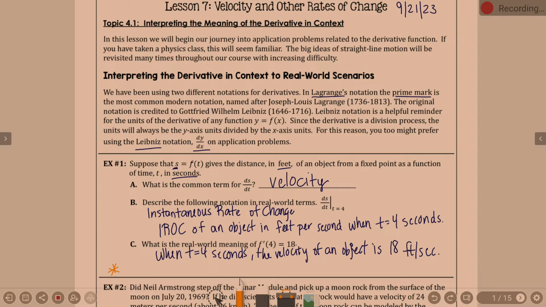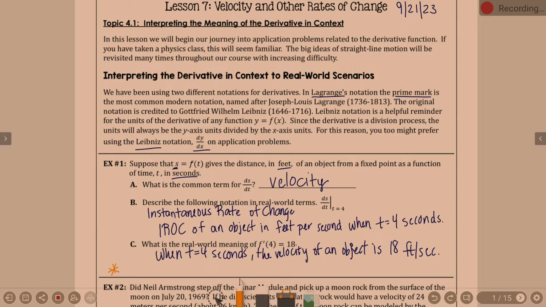The comment I've written in my notes, and I'm sure there's a reason I put it in at the time, is that we're talking about velocity versus speed, and that'll come up later. But this is a positive velocity. A positive velocity tells me that the object is moving away from a fixed point.